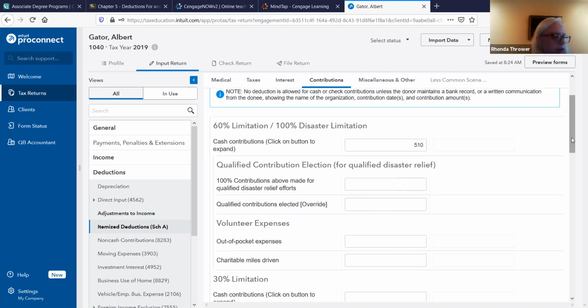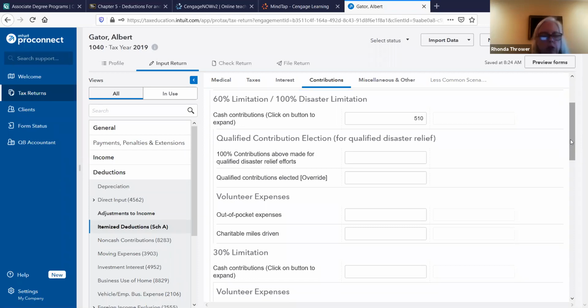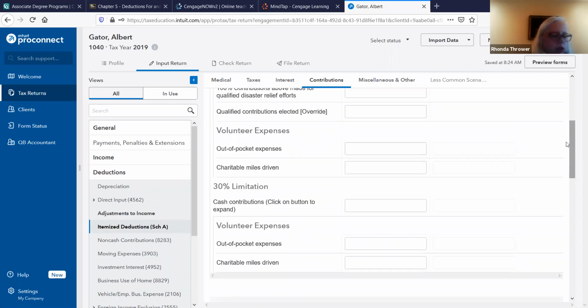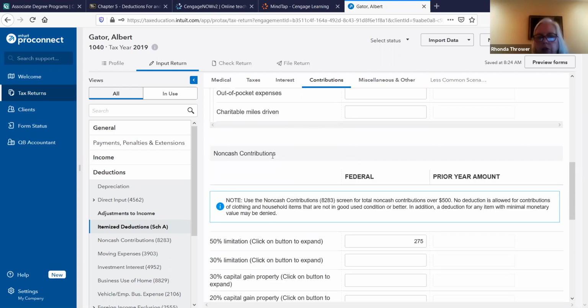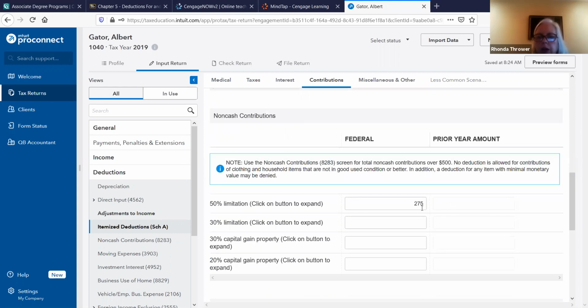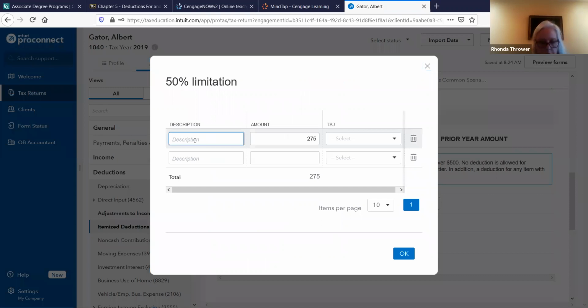But we did have some non-cash donations, and the non-cash donations were the clothes that we gave to the Salvation Army. So if you just scroll on down, there's a place for non-cash contributions. And I put that in the first box here. And you could put Salvation Army. Or you could even put clothes.